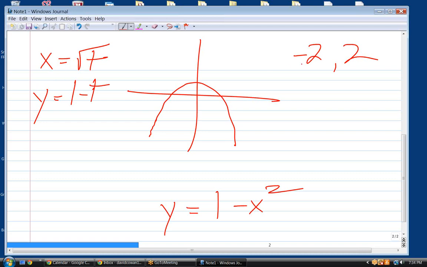So if we let t equal 0, then the first point on our curve is right there. When we let t equal 1, we've got x equal 1, y equals 0. Well, where is that? That's right there. So there's the second point on our curve.